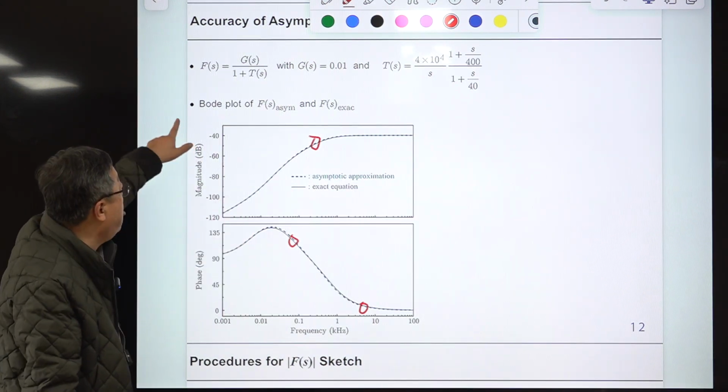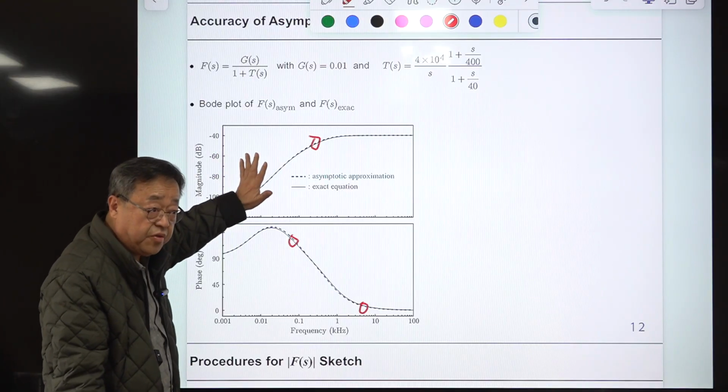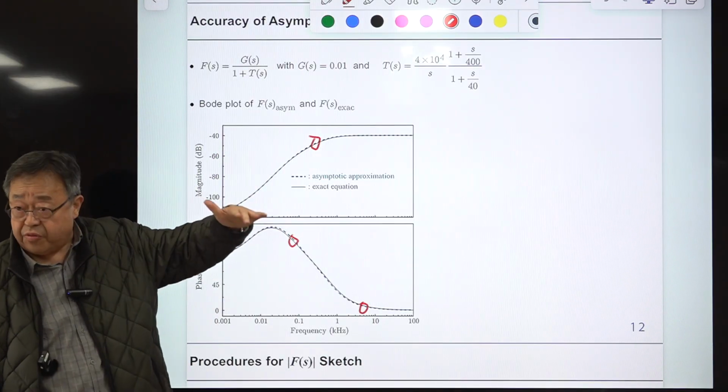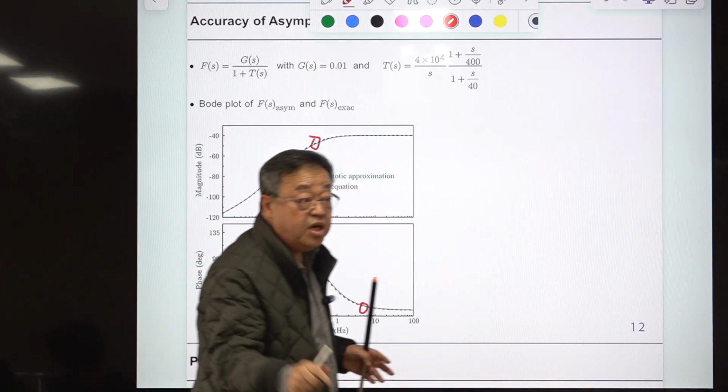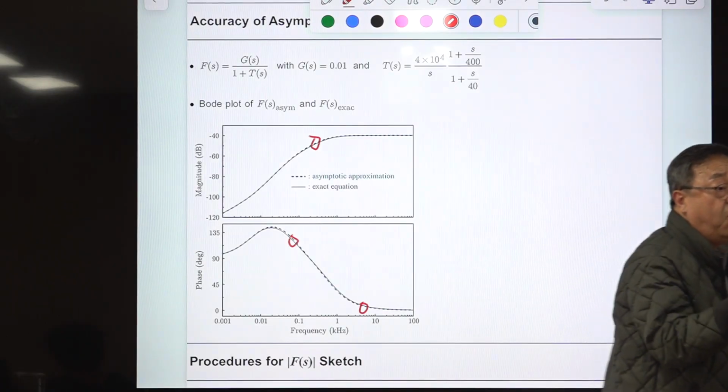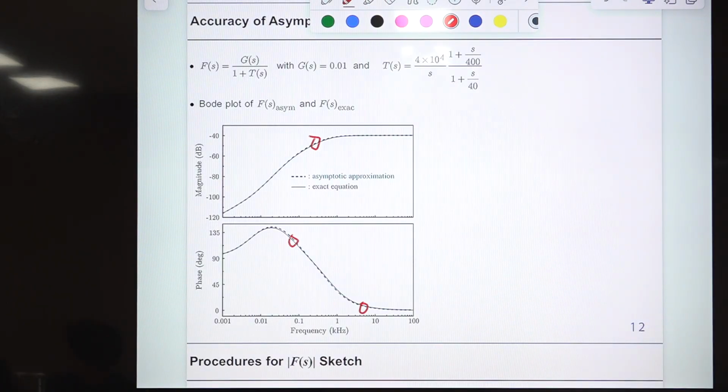Okay, in this approach, you don't have to do any calculation, just watch the asymptotic plot of individual transfer functions and construct the asymptotic plot of the composite transfer function, and then from the asymptotic plot of the composite transfer function, write down the resulting equation immediately, and you find out the unknown coefficients very easily.